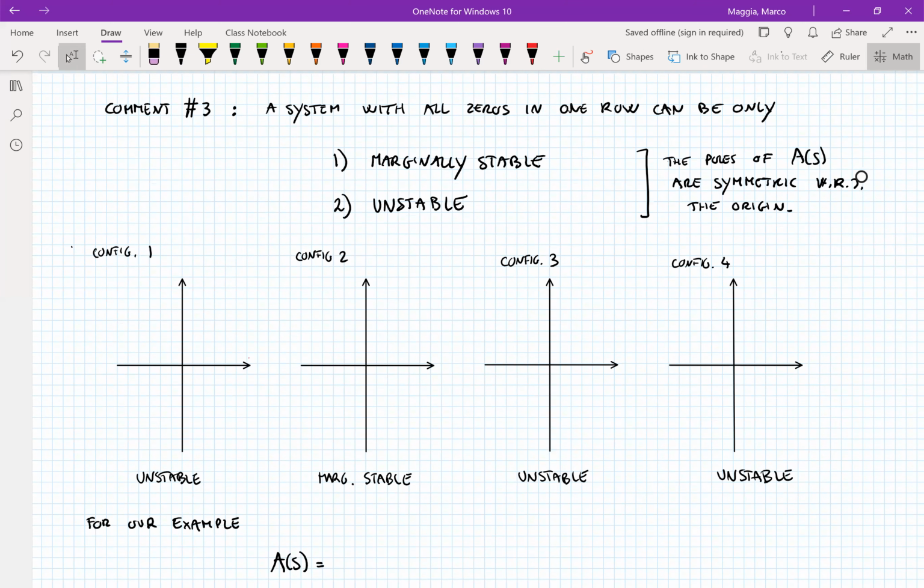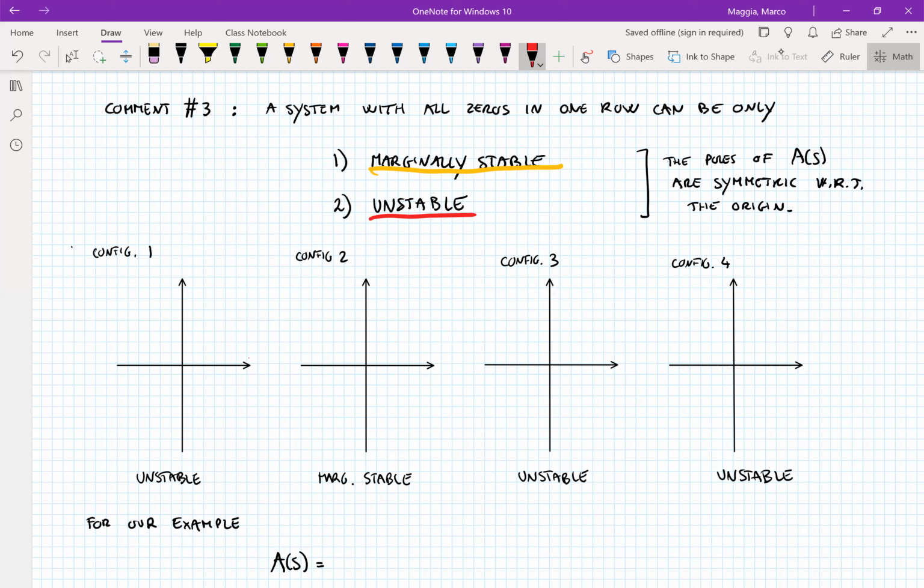All right, comment 3, and I've already told you that a system with all zeros in one row can only be either marginally stable or unstable. And this is because of all the possible configurations that we can have of the poles. Not only are they symmetric with respect to the real axis, and that happens all the time, but for this special case, we also have a symmetry with respect to the imaginary axis.